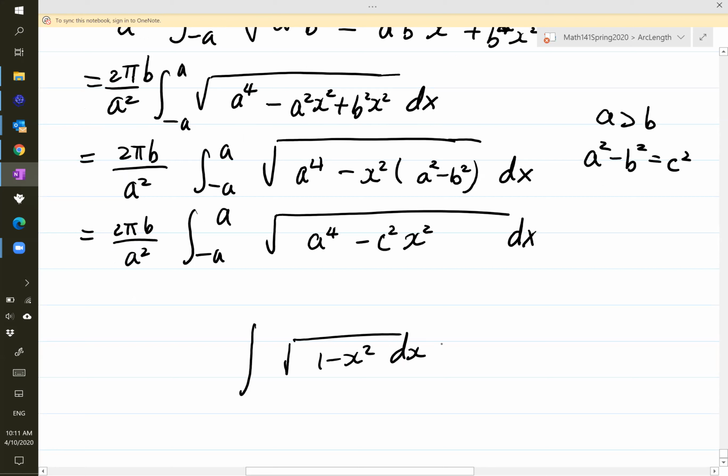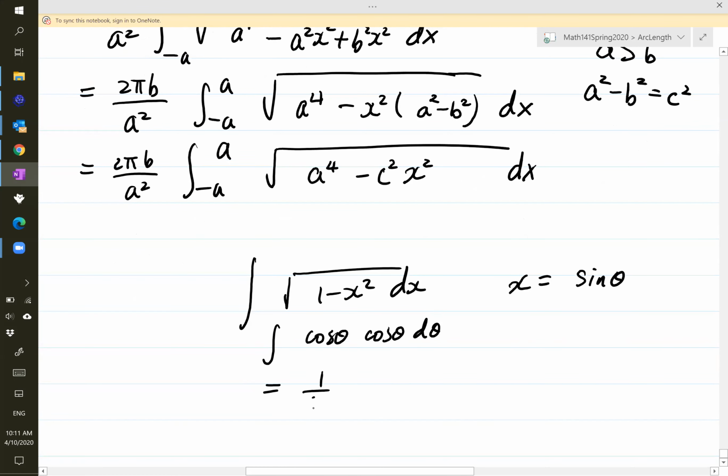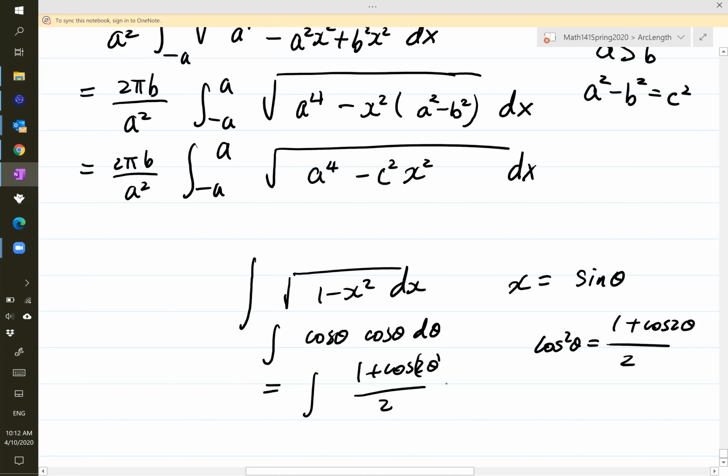Okay, we did this. Let x be sine theta, so dx will be cosine theta d theta. So this will be the integral of cosine squared, which by the half angle formula is one half plus one half cosine 2 theta d theta.